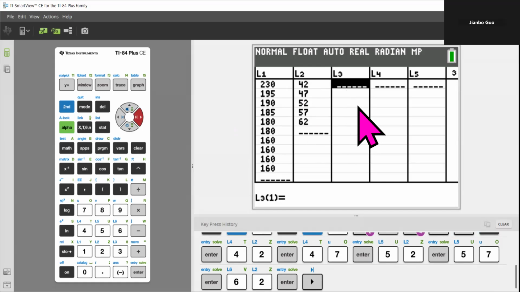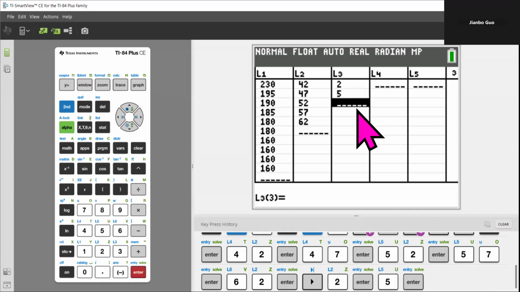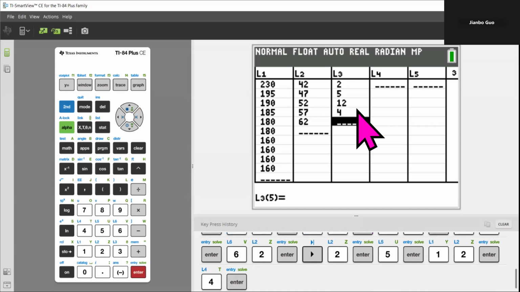The first class frequency is 2, the second class frequency is 5, and then we have 12, 4, 2. Remember, in this question we entered the midpoints in L2. We're not using L1, since L1 is occupied from the previous problem. So we used L1, L2, and L3.